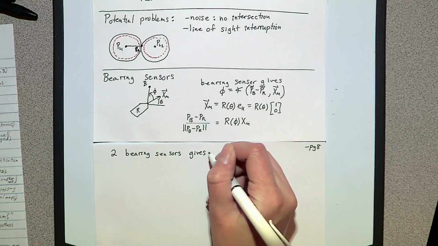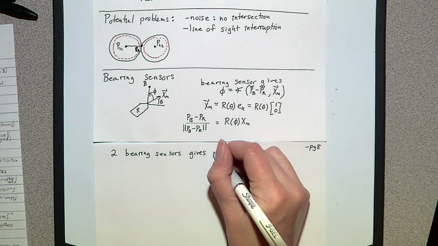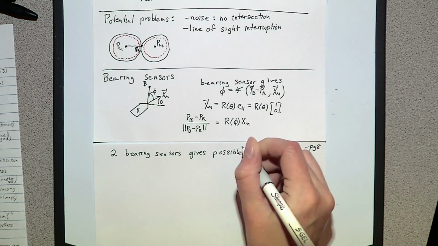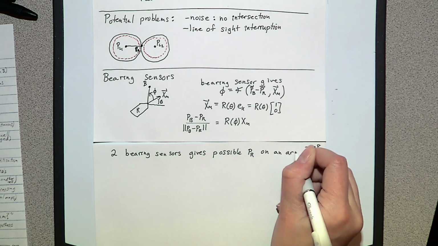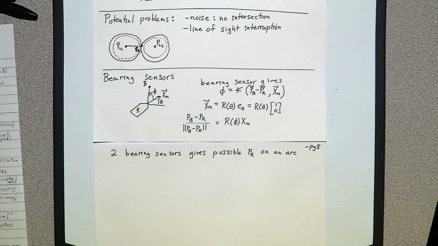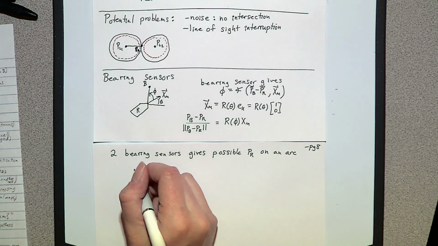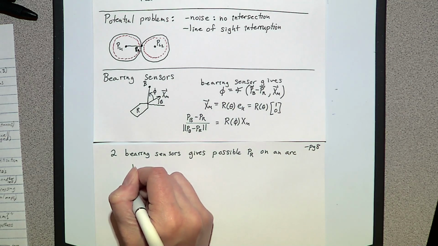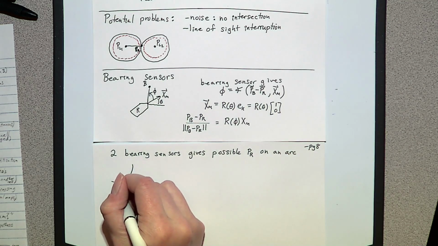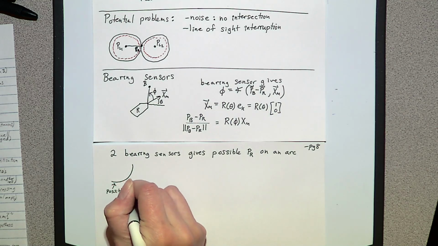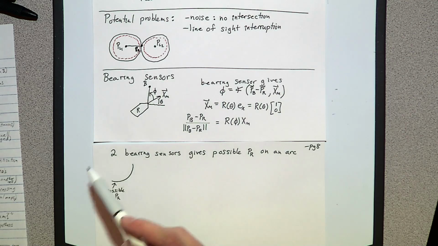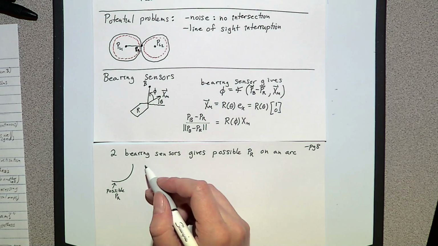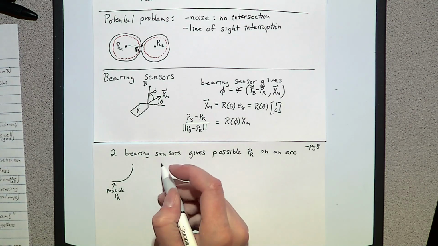But what it gives you is possible PR locations which are actually on an arc. So your possible PRs are somewhere on the arc of a circle. There are different constraints which prevent it from being a full circle and limit what that is. But the main idea is that you can have some arc based on two bearing sensors.